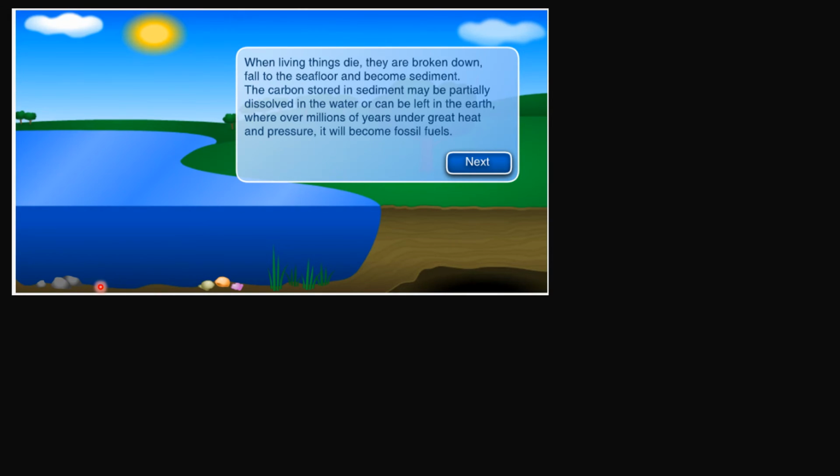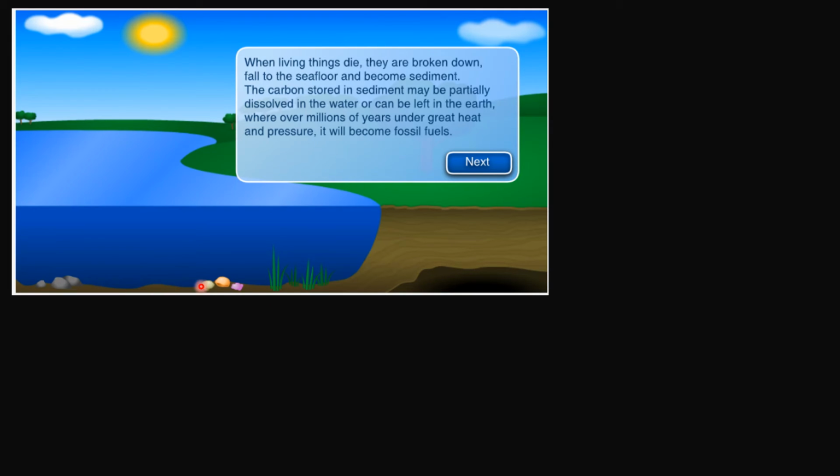and they become sediment. Sediment is just like rocks and sand and tiny particles of things that are lying on the ground somewhere. So they just fall to the ground here and form these layers of sediment, right? Just like if a tree dies on land and eventually becomes fossil fuels in the ground, same thing here.